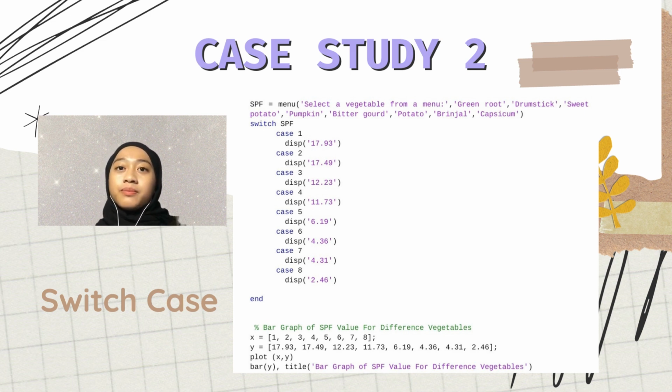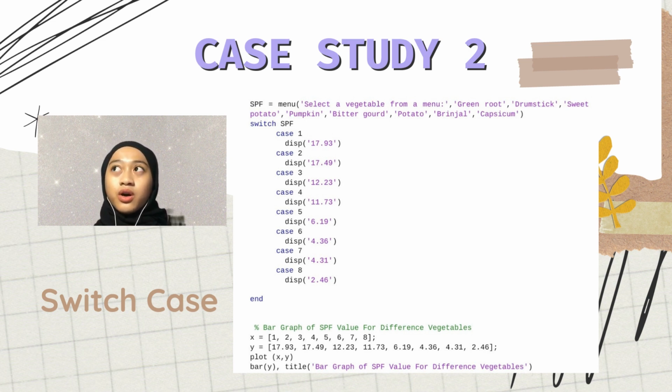For the bar graph, we use it to do a comparison of SPF values for all the types of vegetables. From the result in the bar graph, we can conclude that green root has the highest SPF values compared to the other vegetables, while the capsicum has the lowest SPF values.